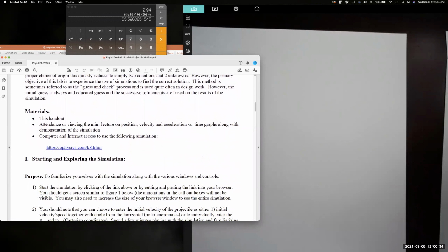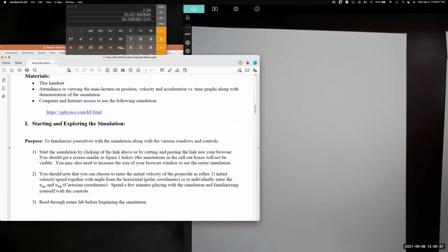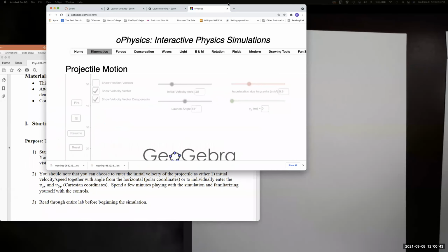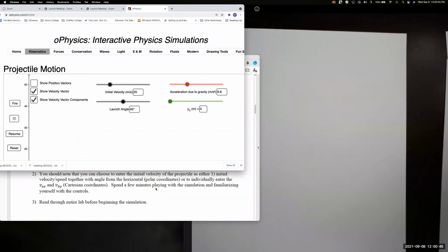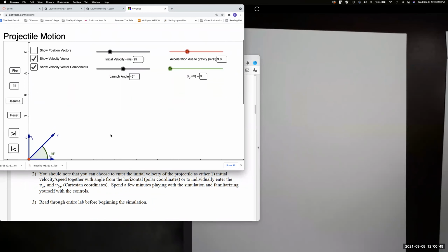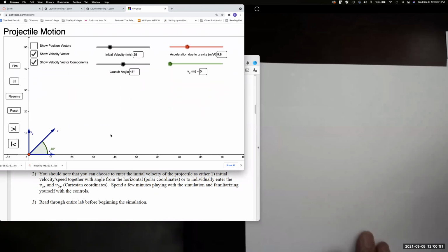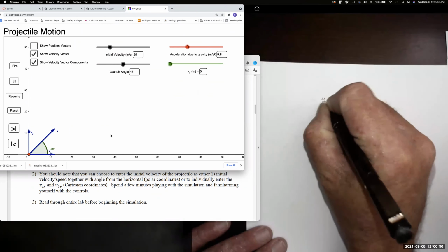So what have I set up in this simulation? We're going to use this projectile, and you're going to have to be a little bit careful in here. It just has projectile motion. Now, what is projectile motion? Projectile motion has our formulas: y equals V0Y times t minus 1/2 g t squared.